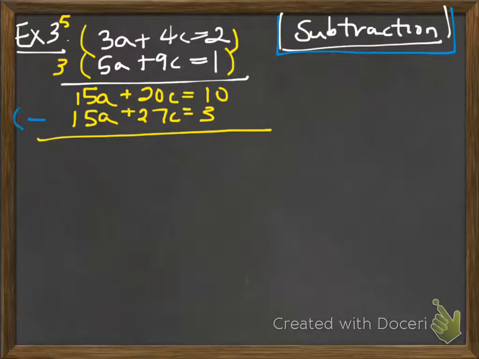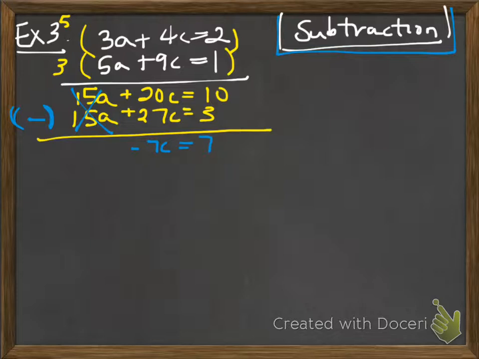Okay, so here's what I can do. I can subtract instead. So 15 minus 15 cancels, right? Now I'd have to go 20 minus 27. Well, 20 minus 27 is negative 7C. And then 10 minus 3 is 7.